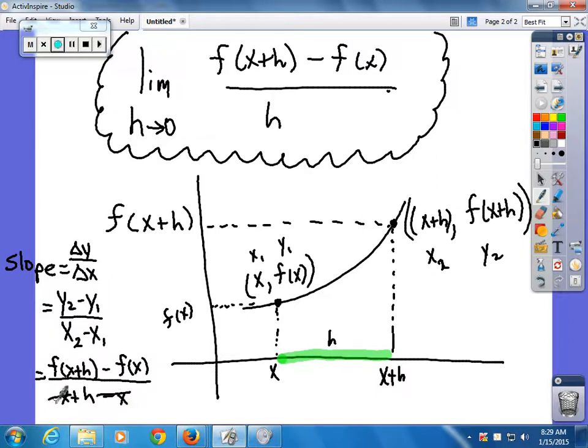And the x's go away, and what do you got? Ain't that neat? So what do you find when you have the difference? Simple as that.